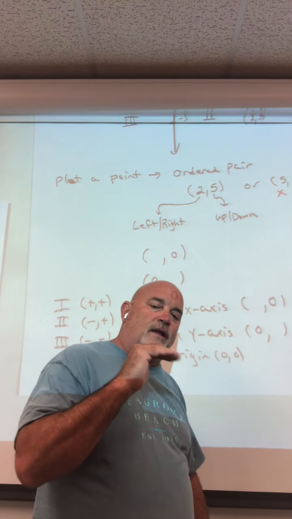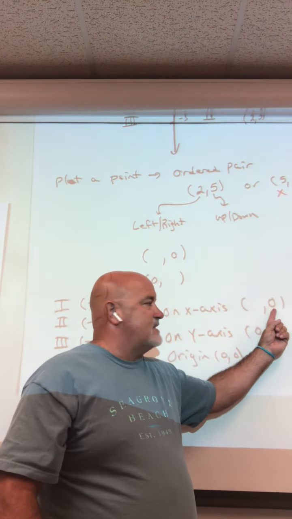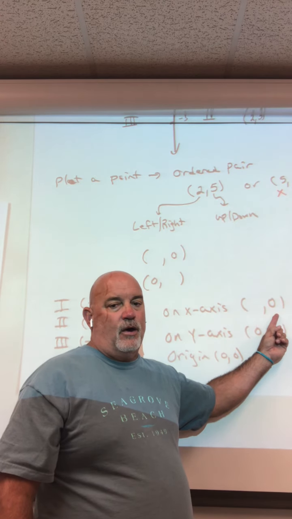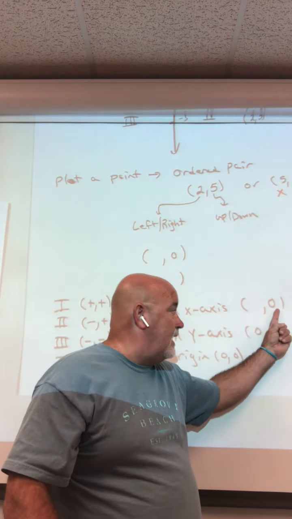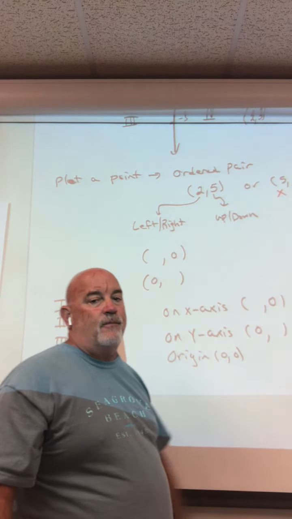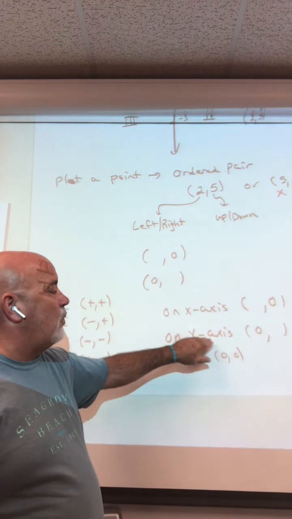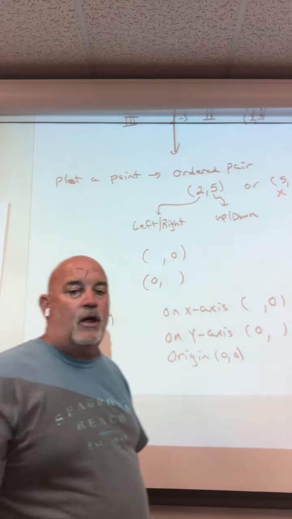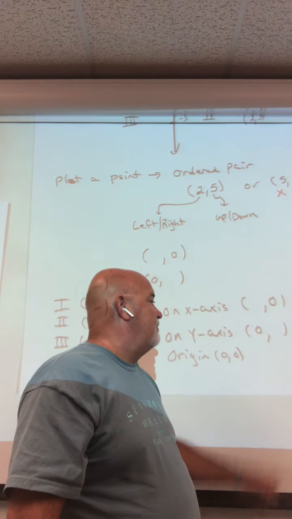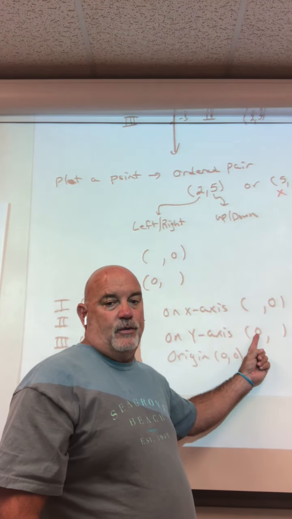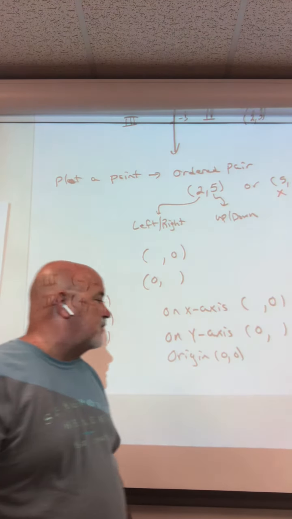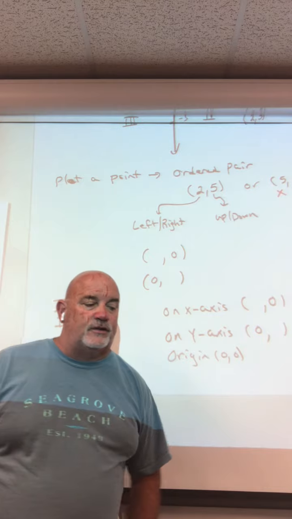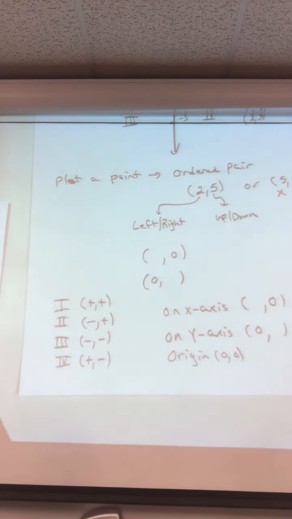And all points on the x-axis have a second number of 0, or a y value of 0. And every point that's on the y-axis, which is called the y-intercept, has a first number 0, or x is 0 in your ordered pair. And then, of course, if you're at the origin, you're at the ordered pair (0, 0).